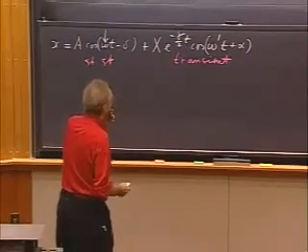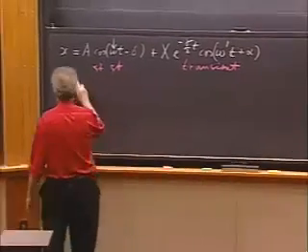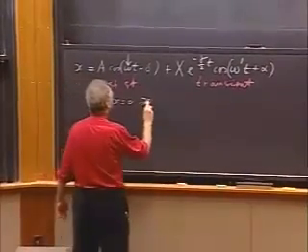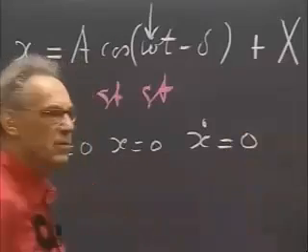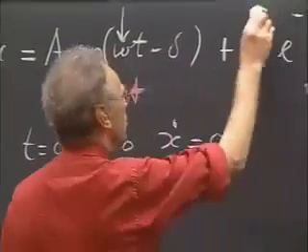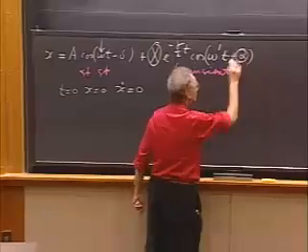Suppose I told you that at t equals 0, x equals 0, and x dot also equals 0, and I was so nasty to say, oh, by the way, why don't you solve for X and alpha?